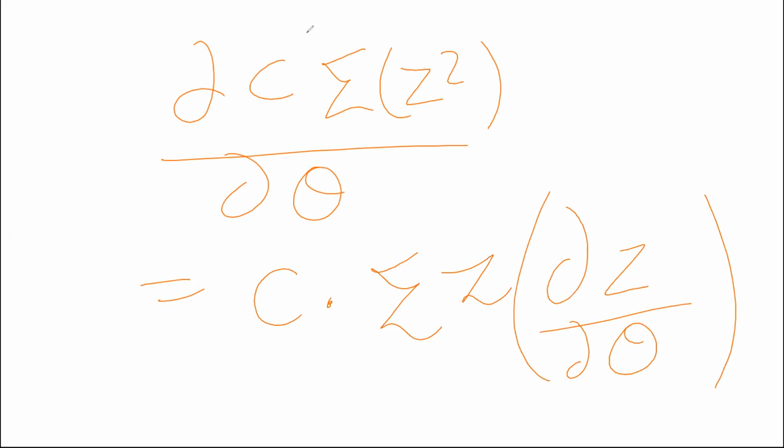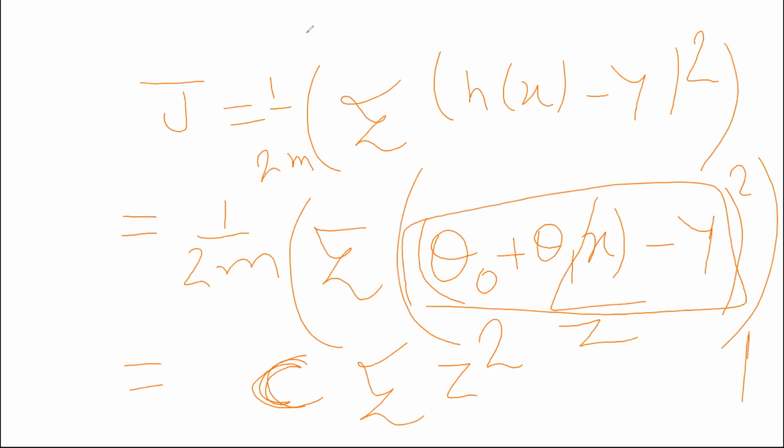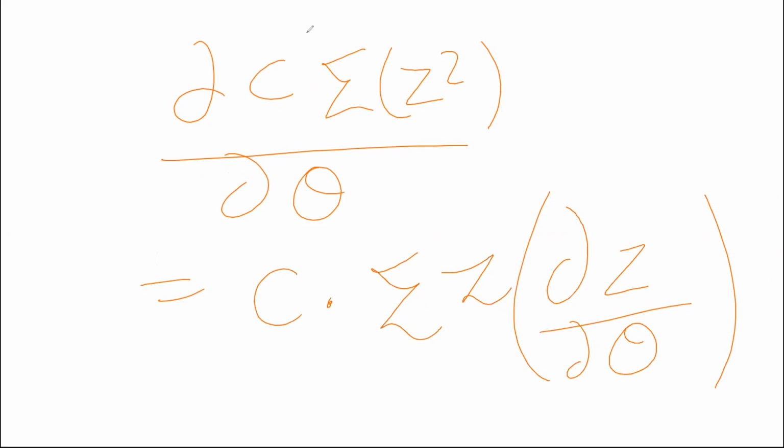Like this, c is that value which is 1 upon 2m. And I missed one thing: because this is a square, your 2 will come out, like 2 of z. And if you replace c with 1 upon 2m, the 2 and 2 will cancel out.